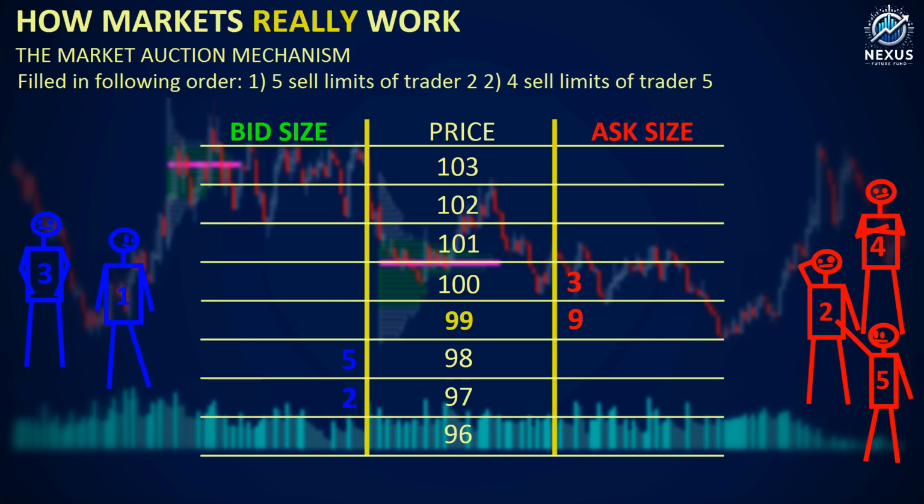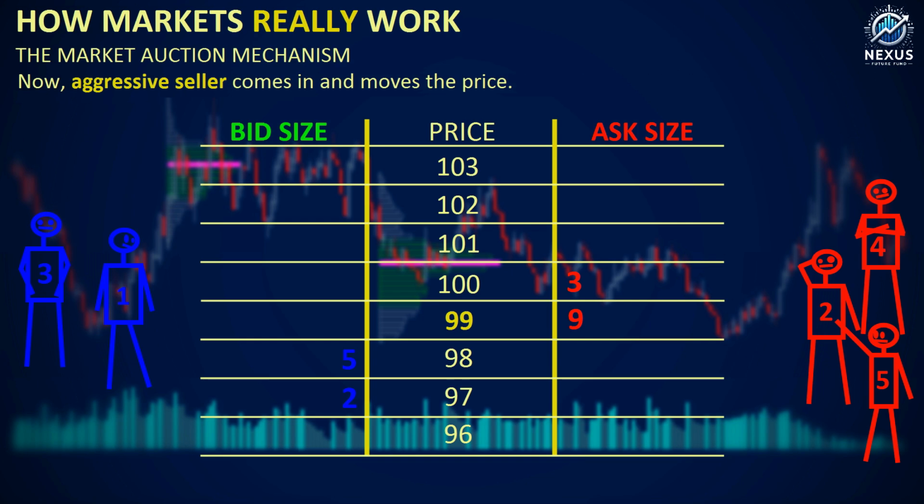Firstly, all of the remaining sell limits of trader number 2, and then sell limits of trader number 5. So it's like a queue. The limit orders are sorted chronologically with a logic of first come, first served. So because trader 5 came in later than trader 2, he has got to wait until trader 2 gets all of his sell limits filled.